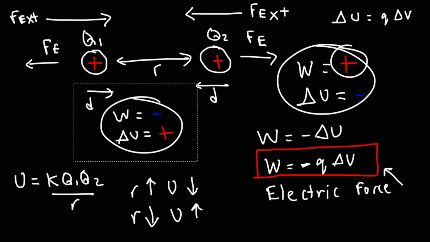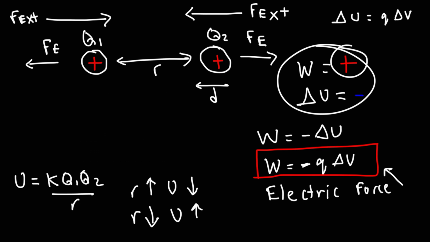Now let's focus our attention on the external force, because the situation is going to be different there. The external force and the displacement vector are in the same direction. Therefore, the external force is doing positive work on that charge.